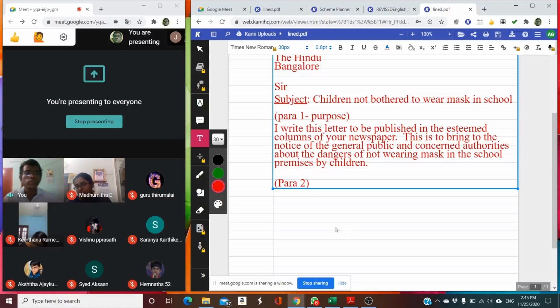In paragraph 2, you write the actual problem, the depiction. That is the second paragraph.